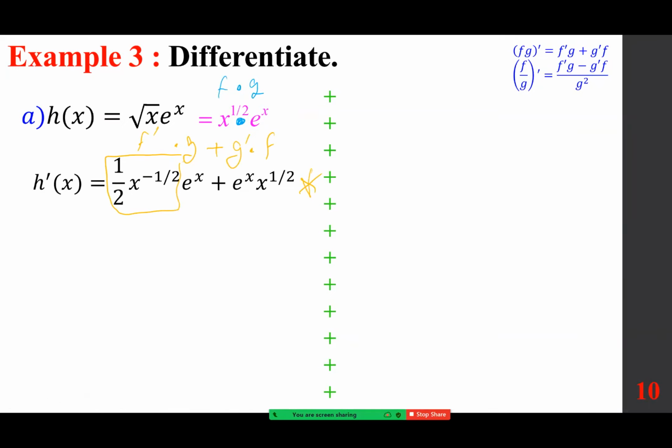We are going to take the exponent negative 1/2 down, make it positive 1/2, and x to the power of positive 1/2 is the square root of x. We make the change.